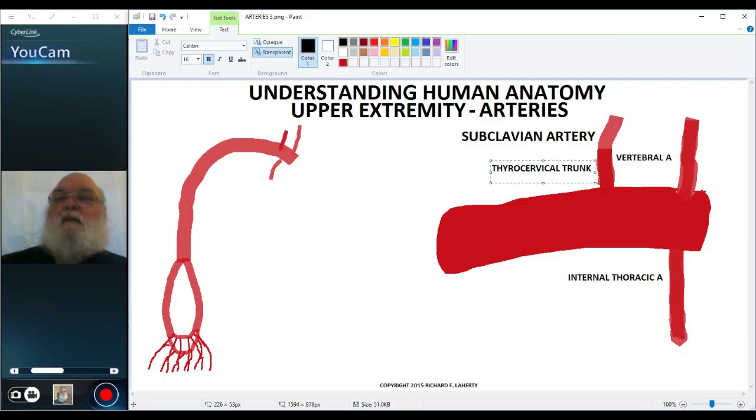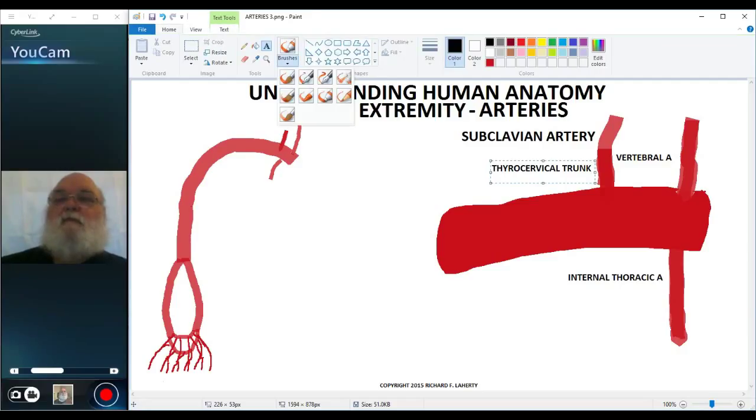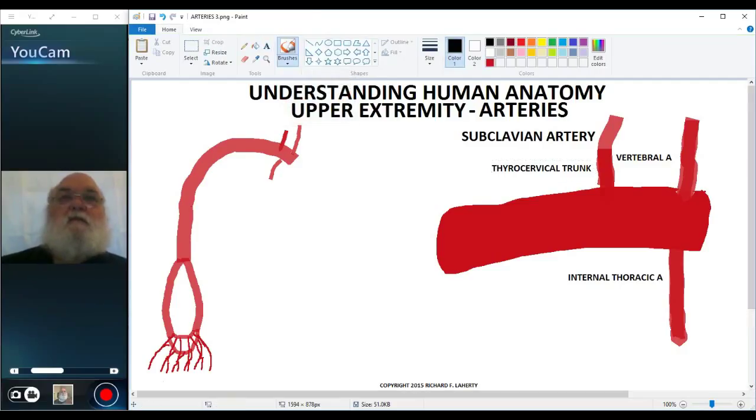Okay, the last artery off of the subclavian is off the distal part of the subclavian artery. I'm drawing it in here. And this is the dorsal scapular artery. And I'll put it in over here.